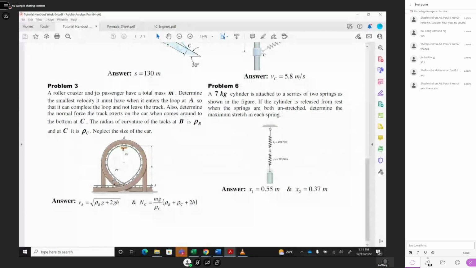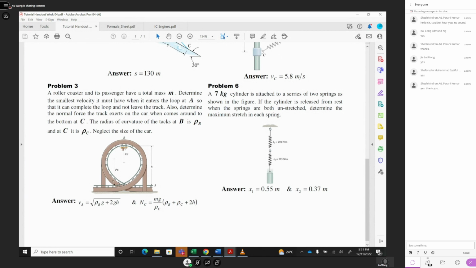Question 3 is that the roller coaster and its passenger both have a total mass m, and determine the smallest velocity it must have when it enters this loop at A position, so that it can complete the loop, not leaving the track. Which means in this position, the gravity force, the weight, should be equal to centrifugal force.